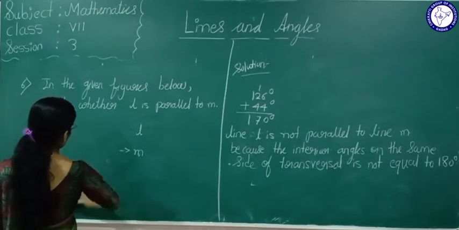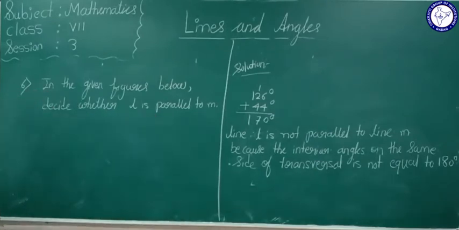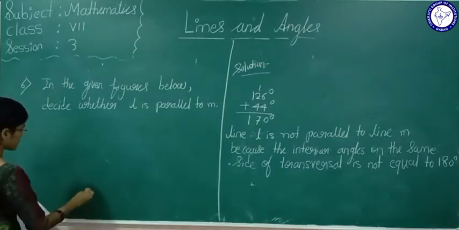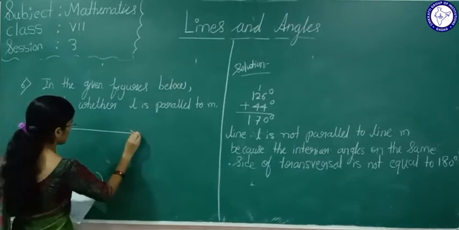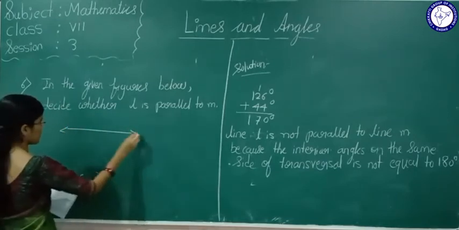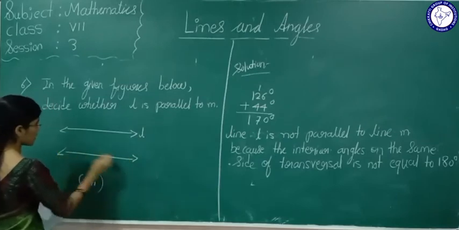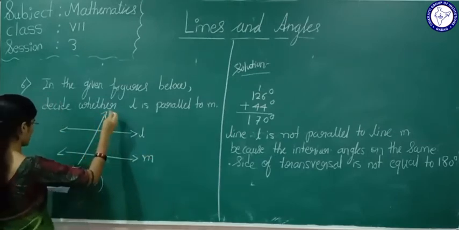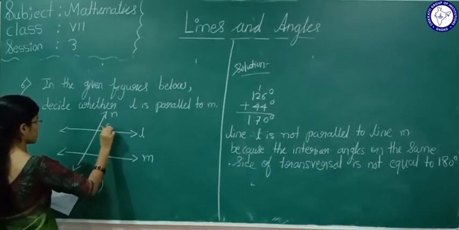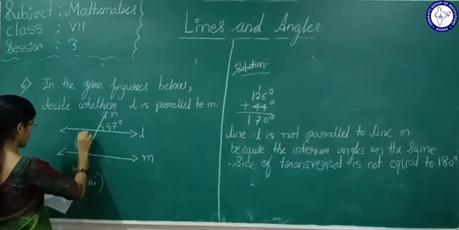So this is figure 1 they have given. See the third figure here, the third figure they have given. This is line L and this is line M, and here is 57 degree and here 123 degree.